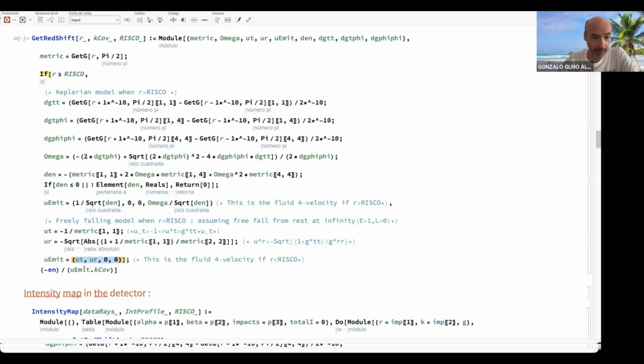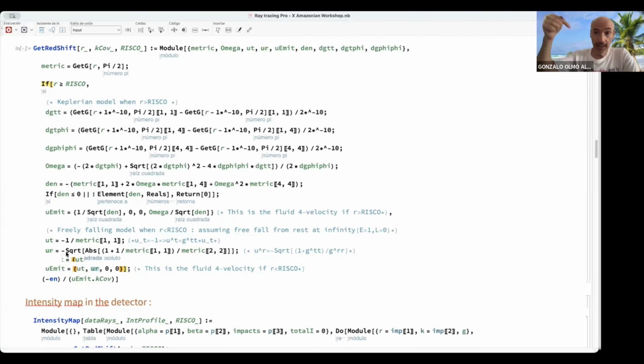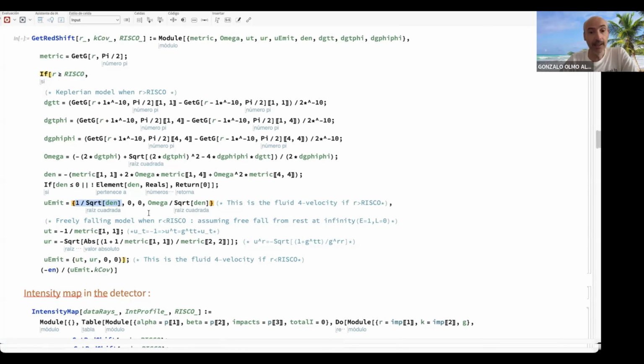It has the time component and the radial component, because there is only radial motion. In the previous case, we had the time component and the angular motion, because we didn't have radial motion: beyond the ISCO we have circular orbits, so the radial component is not changing. And that's it. This is our redshift function.